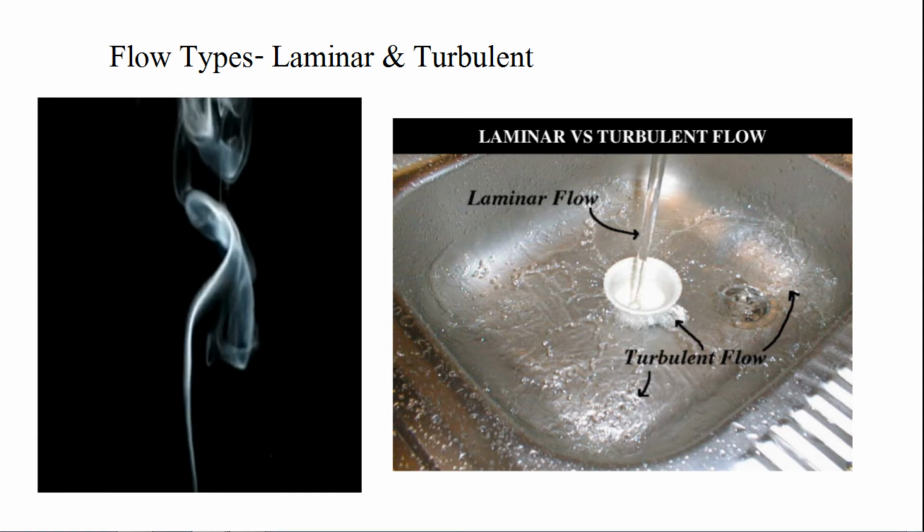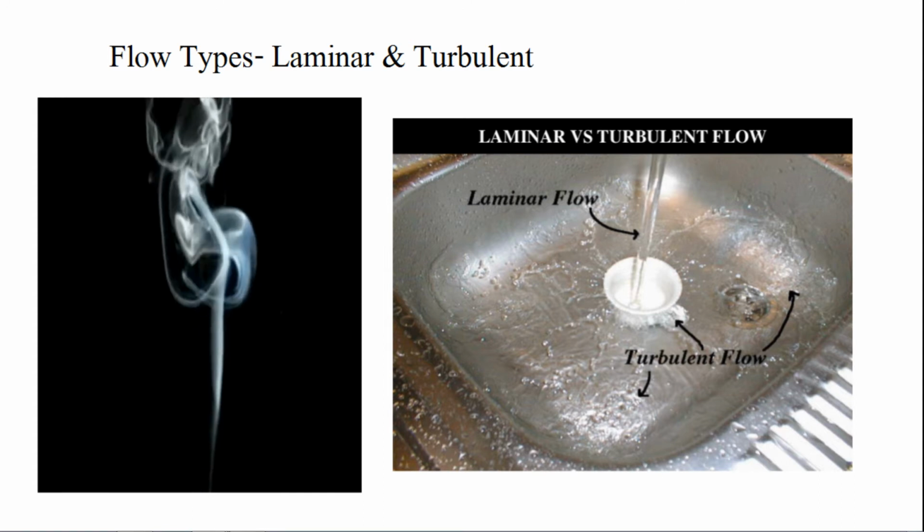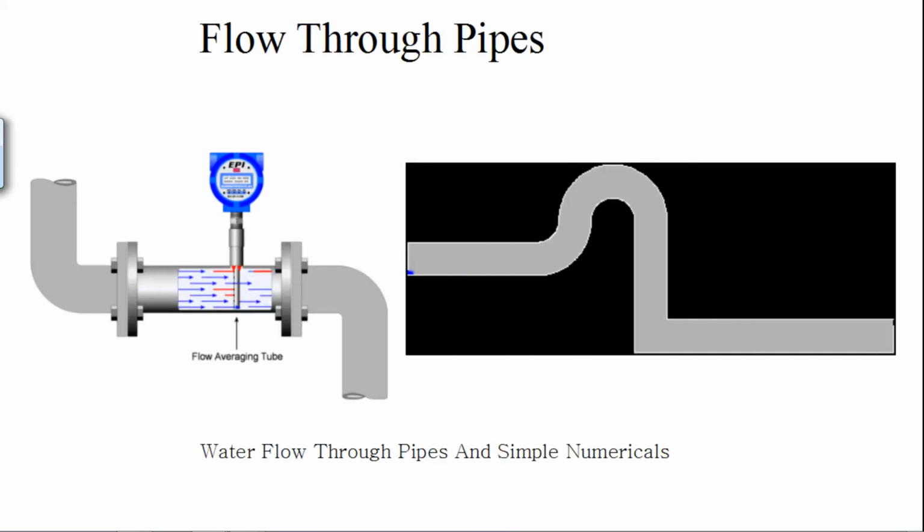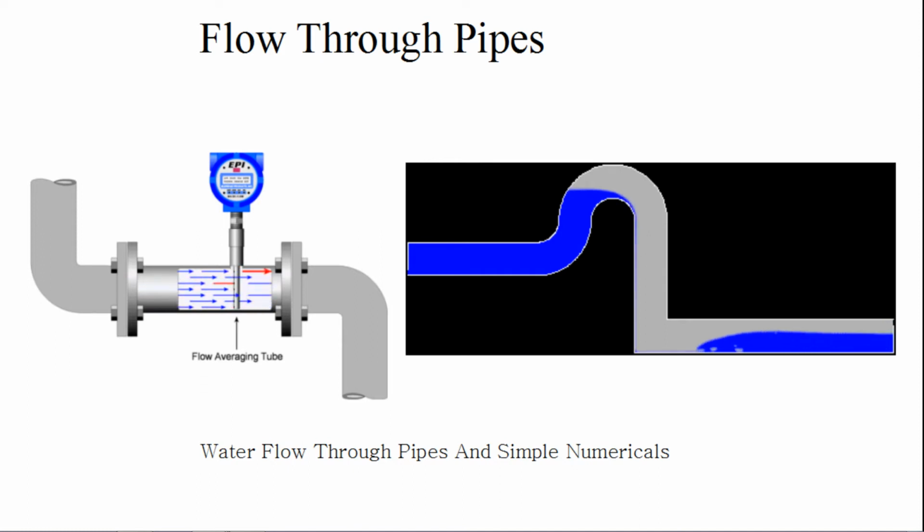So in this, we are going to deal with the types of flow, how to classify them, and simple numericals on it. The next part of our lecture series will be flow through pipes. In a confined space, when fluid flows, there are a lot of parameters which we are going to discuss in this session.